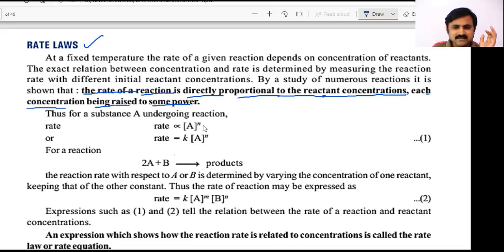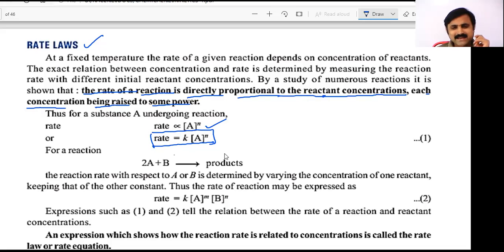The rate is proportional to the concentration of A to the power n. The square bracket indicates concentration, power n, small n. Then a proportionality constant K, an arbitrary constant, is introduced, and the expression becomes rate equals K times the concentration of A to the power n.